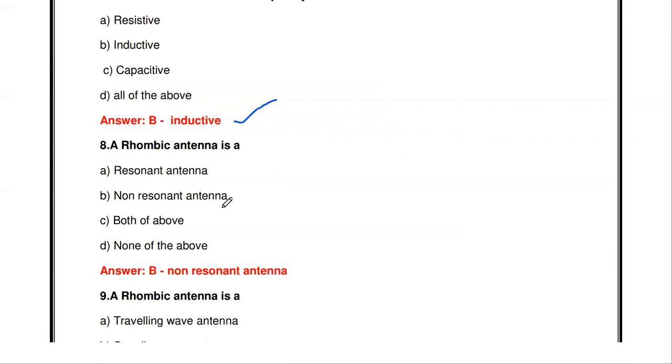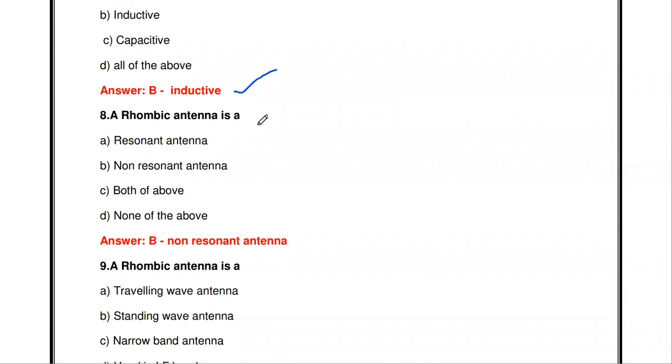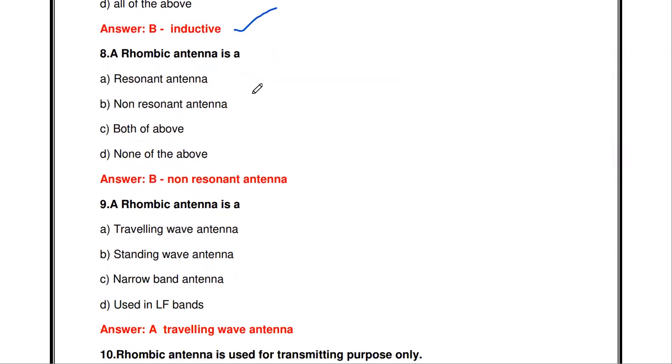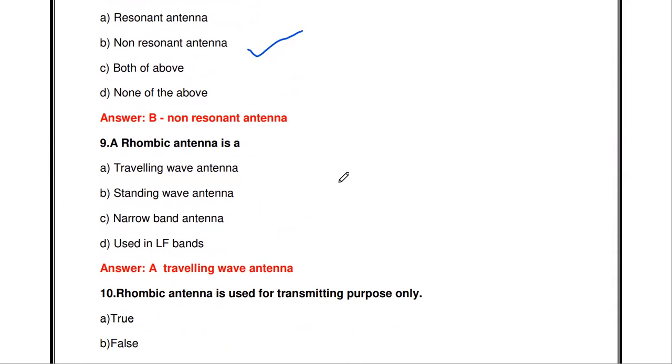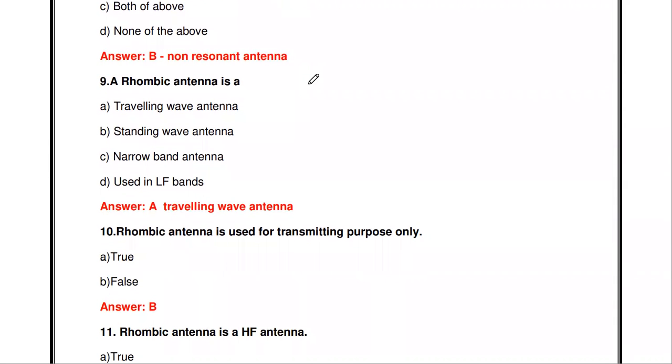Then the next one: a rhombic antenna is a dash. It's a type of resonant, non-resonant, both of above, none of the above. Rhombic antenna is a type of non-resonant antenna. Then the rhombic antenna is a dash: traveling wave antenna, standing wave antenna, narrow band antenna used in low frequency band.